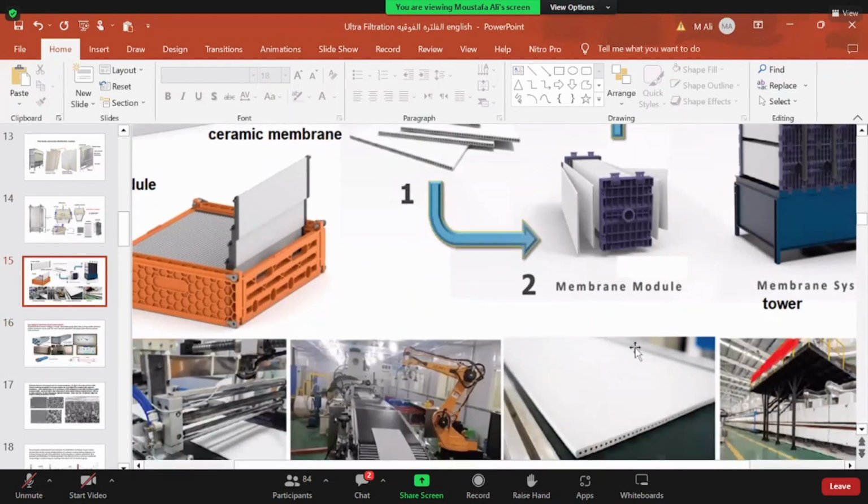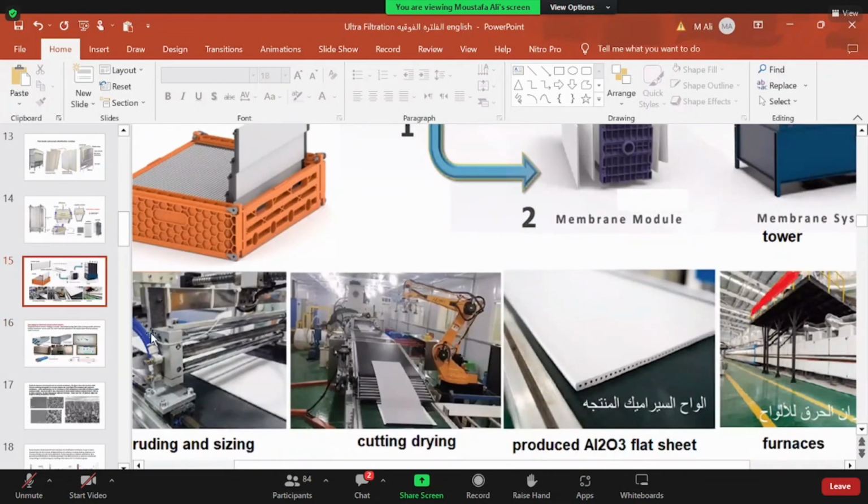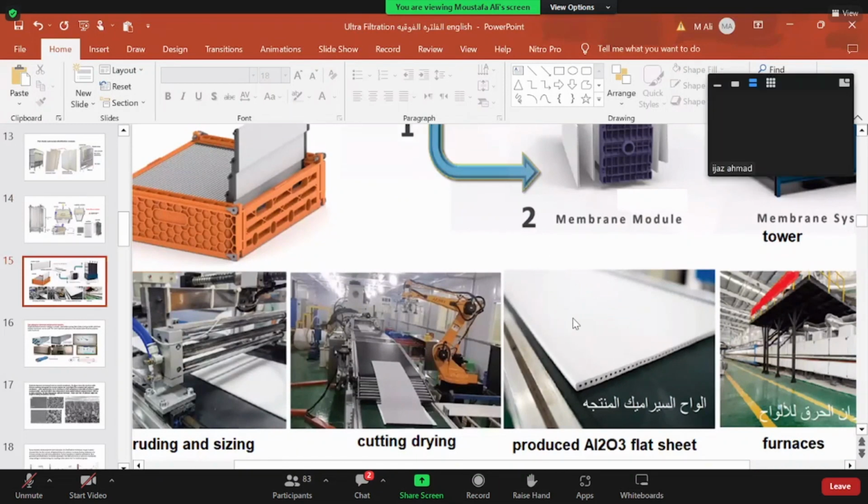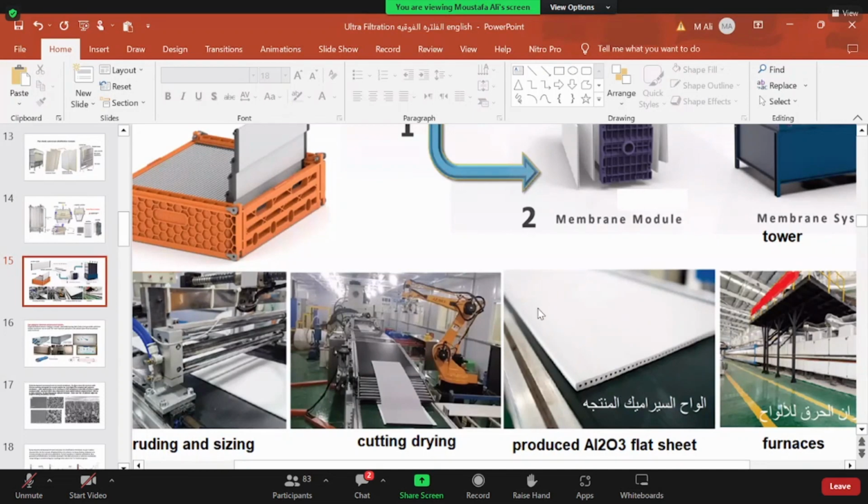The membrane is extruded by this machine, an extruder. We have the powder of aluminum oxide or silicon carbide, and it's extruded through an extruding machine to make it in the shape of a flat sheet with tubes or channels inside to collect the permeate or the filtrate.